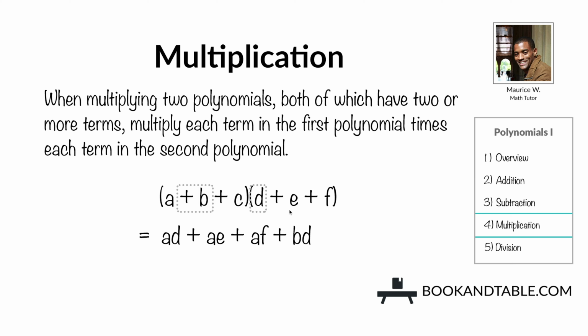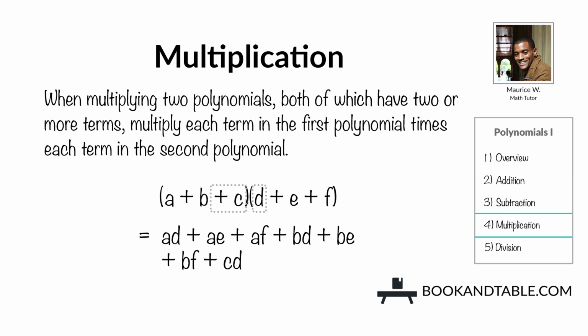So you're going to multiply it times all 3 terms again, giving us b times d, which is bd, b times e, which is be, b times f, which is bf. So now we've multiplied this term times all 3.